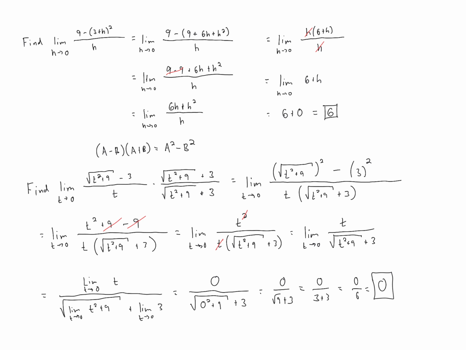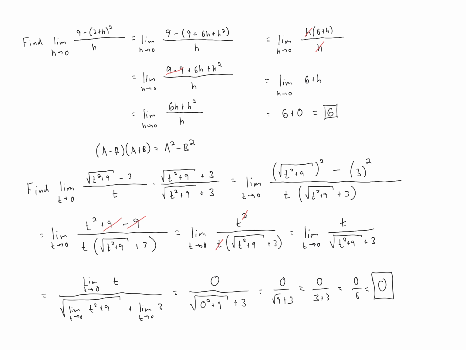The other thing I want to say is that in all of these problems, if we had in the original problem tried to plug in 0 for the variable, we would have ended up with 0 over 0. You can try it yourself if you want, but if you plug in 0 for t, you get 0 over 0. If you plug in 0 for h, you get 0 over 0. And in the previous video, the example that we looked at with x's, if you plugged in x equals 1, you got 0 over 0.